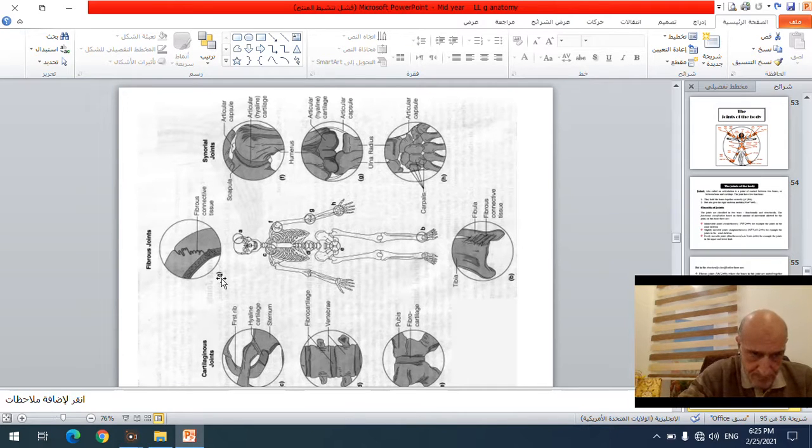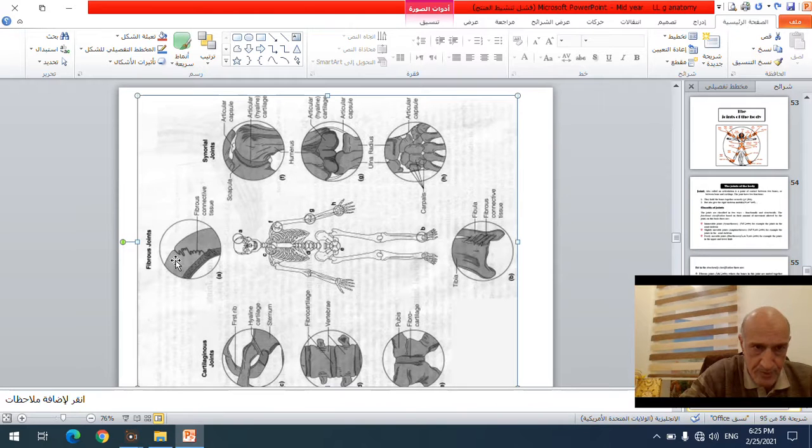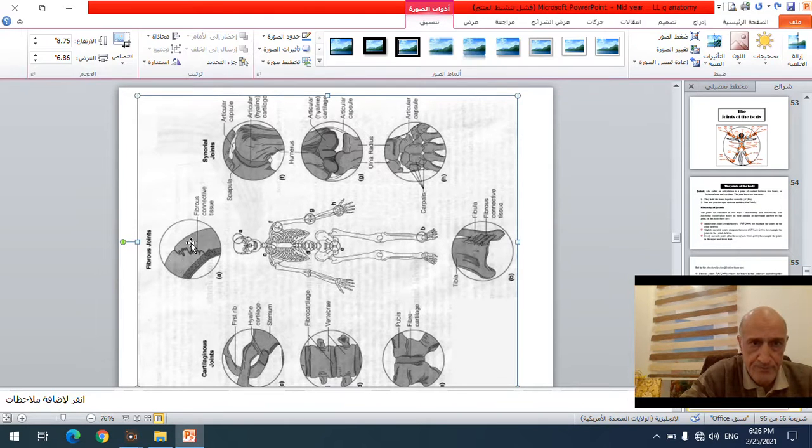This is fibrous joint. This is synovial joint. Synovial joint, these are its components: articular cartilage, synovial fluid, synovial membrane.